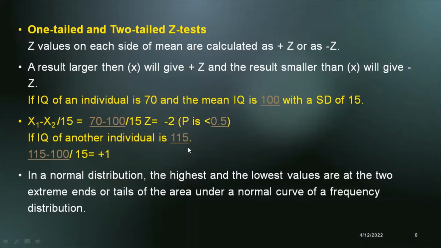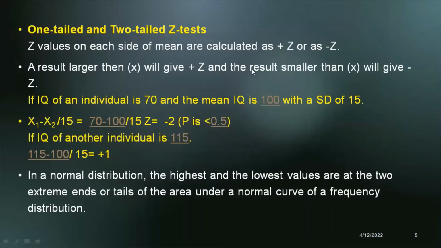If the IQ of another individual is 115, in this case the sample mean is larger than the population mean, so the Z value will be in the positive sign, or plus 1. In the earlier example, the sample mean is smaller than the population mean, so the Z value will be negative.